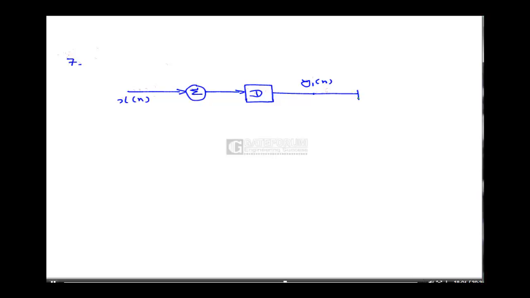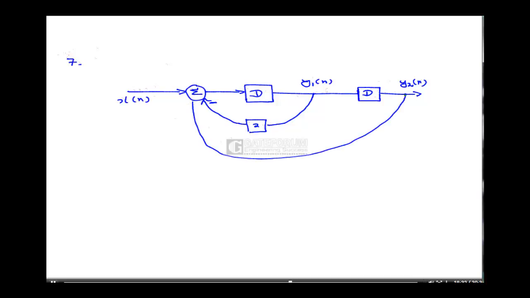Again, there is one more delay element, and that output is y2[n]. From here to here, there is an amplification factor of 2 coming from y[n], and this is subtracted. Again, one more point comes from y2[n]. Here the amplification factor is 1.